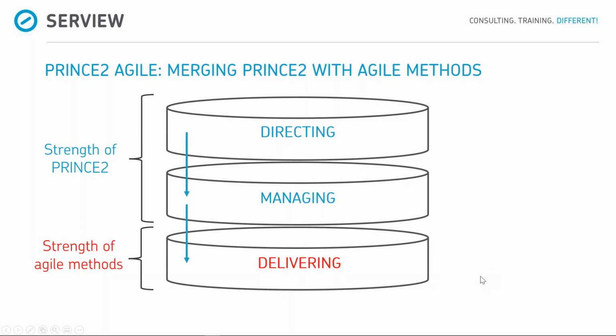So when we are merging this, that means that some of the direction and managing needs to be given down towards the delivery stage, because if we want to take an agile delivery method and connect that to our governance that we usually have in projects, we need to make sure that that fits. So we will, you could say, impose some of the directing and managing constraints onto delivery.